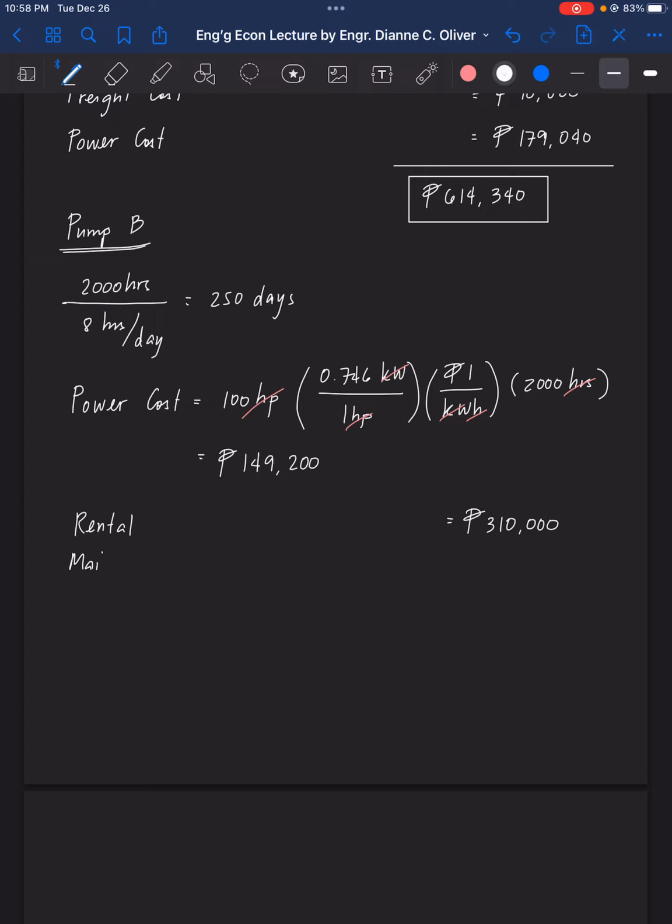Maintenance, so maintenance was 25,000 pesos. The operator will work 250 days at the rate of 400 pesos per day.